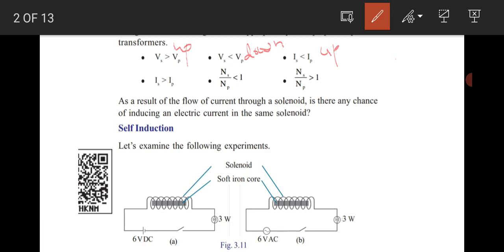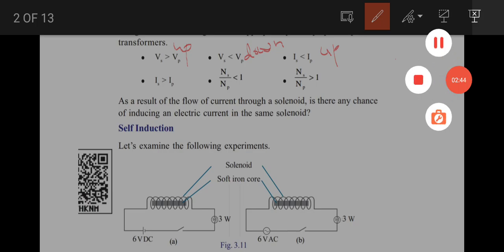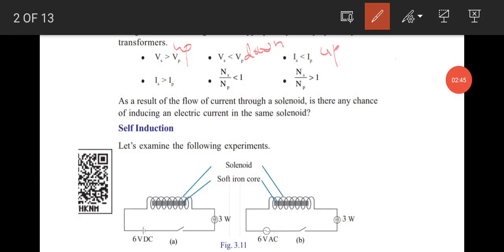So when the number of turns increases, the voltage also increases but the current decreases. Thus it becomes a step-up transformer.